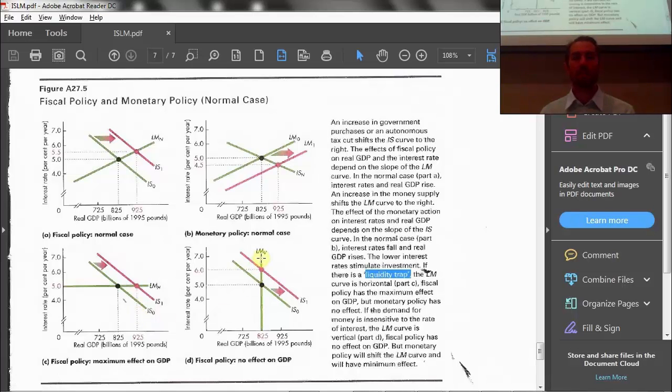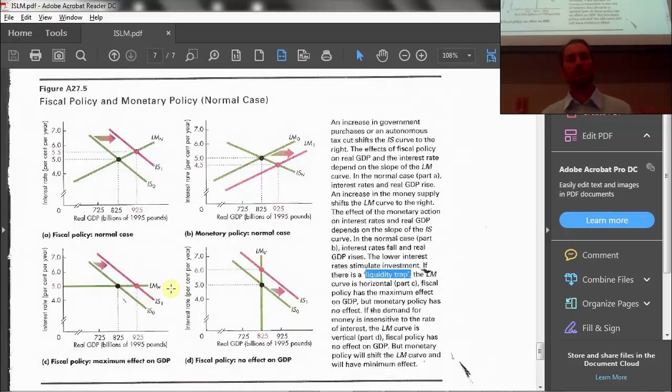But there are circumstances in which fiscal policy is ineffective, because the LM curve is vertical, and any increase in government spending just automatically increases interest rates without any increase in output. Then monetary policy is useful because it shifts the LM curve to the right, which would lower interest rates and increase output. So whereas fiscal policy is ineffective with a vertical LM curve, monetary policy is ineffective when you have a horizontal LM curve.